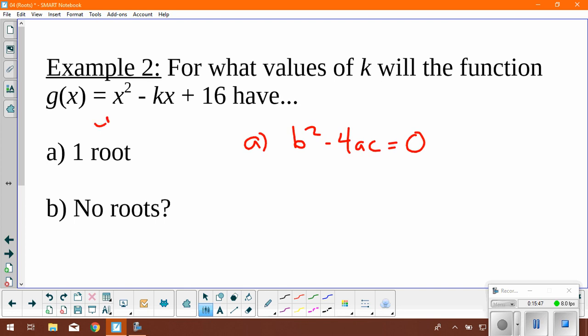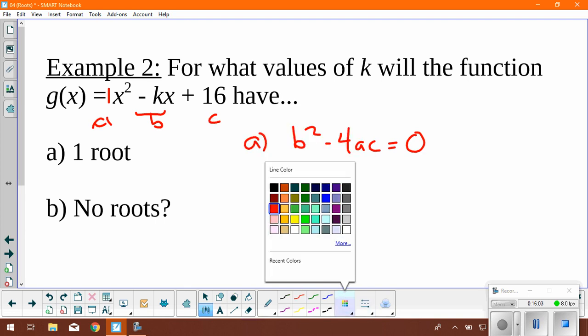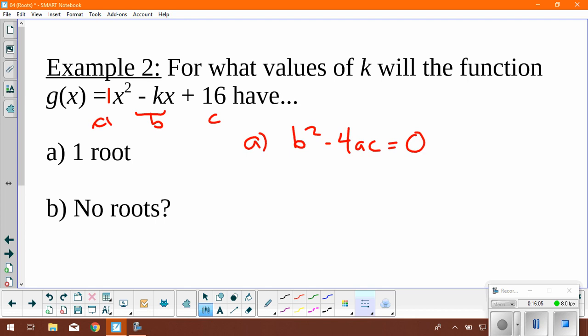So my a value is 1, my b value is this negative k that's sitting here, and my c is 16. So for me, I have k squared now minus 4 times 1 times 16.